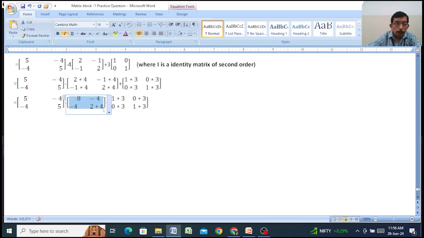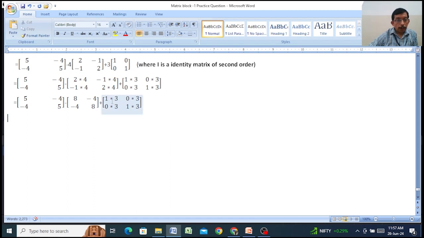Now 1 into 3, 3. 0 into 3, 0. 0 into 3, 0. 1 into 3, 3. Note down in the same positions.